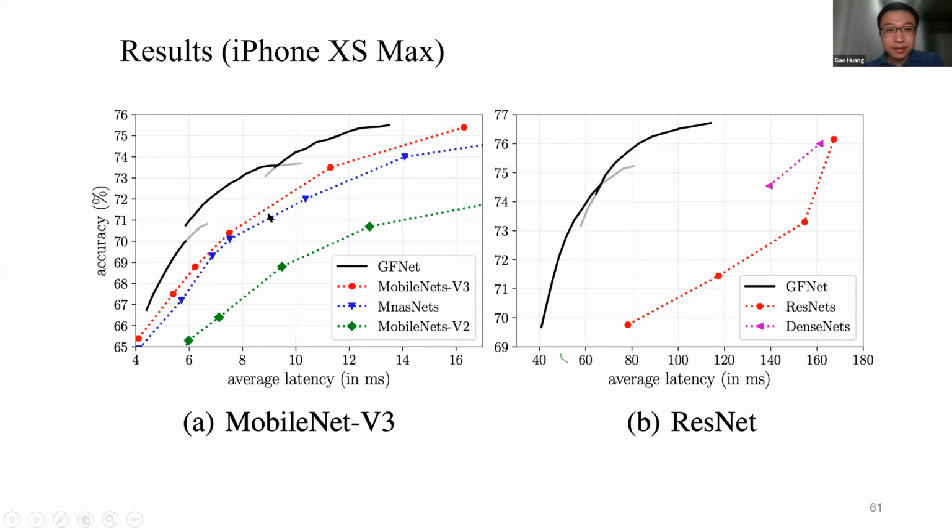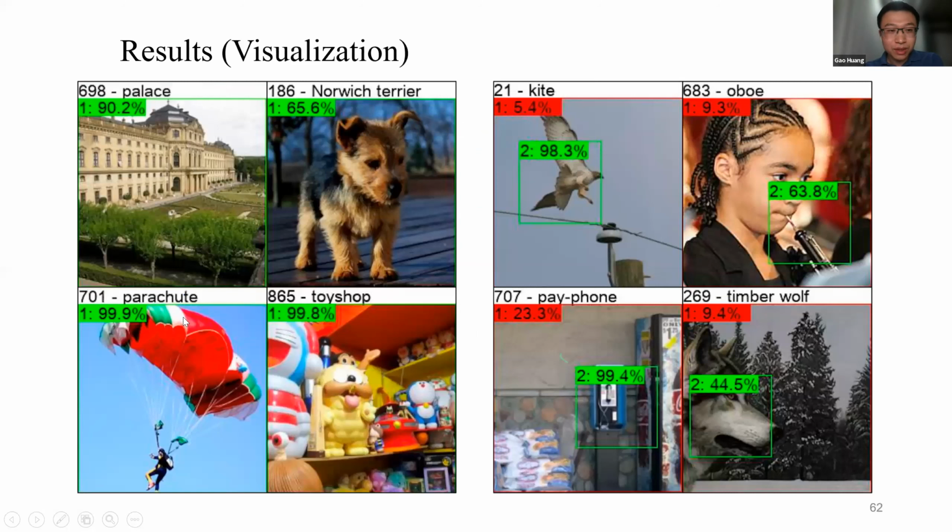Finally, this is the visualization. The images on the left are those easy ones where we can get the correct prediction from the glance stage. We do not need any local fine feature extraction.